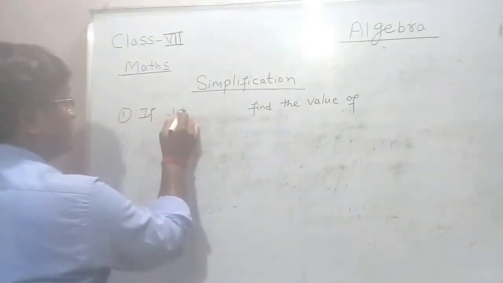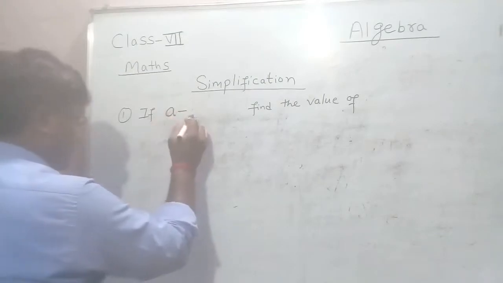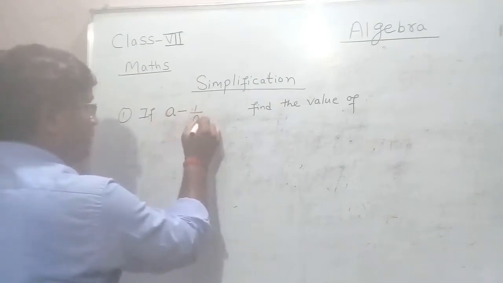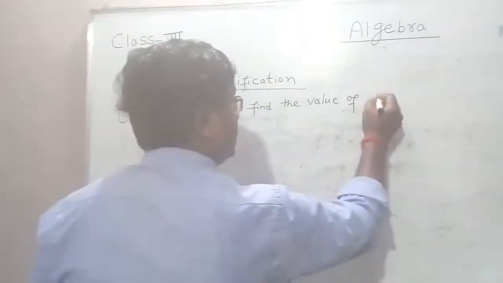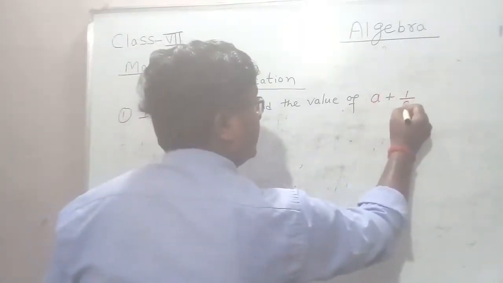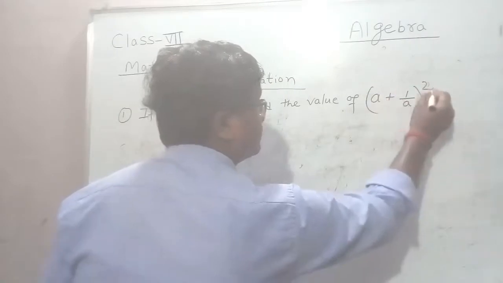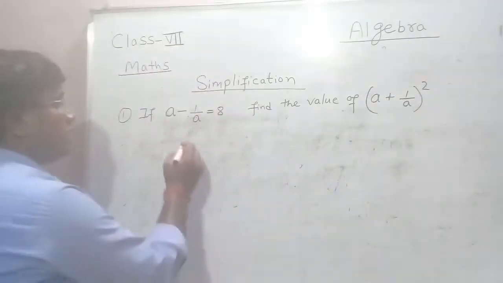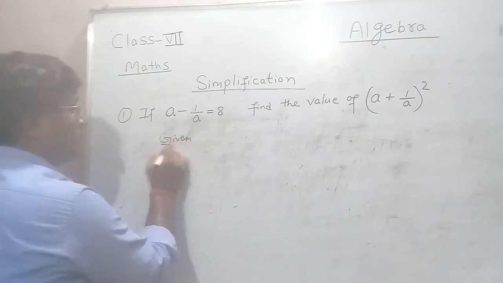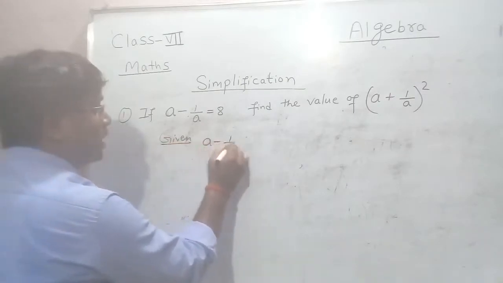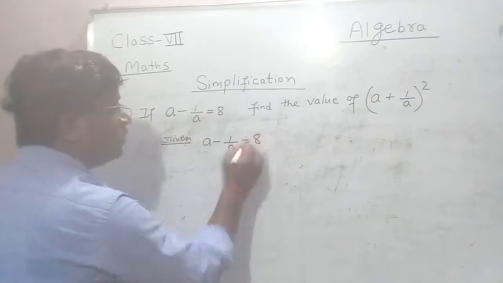Okay, now another question: if a minus 1 upon a is equal to 8, then find the value of (a plus 1 upon a) whole square. Okay, so the given thing is a minus 1 upon a is equal to 8.